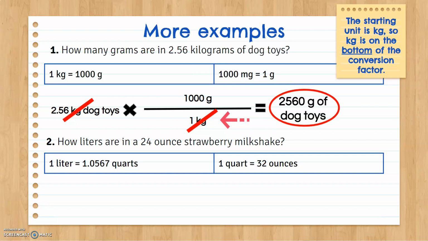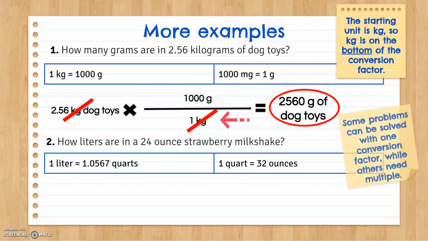Number 2, how many liters are in a 24-ounce strawberry milkshake? Do I care it's a strawberry milkshake? Not really. But I've got to get from ounces to liters. So, first of all, some of the problems can be solved with one conversion factor. Others are going to need more than one. This one is going to need a couple.